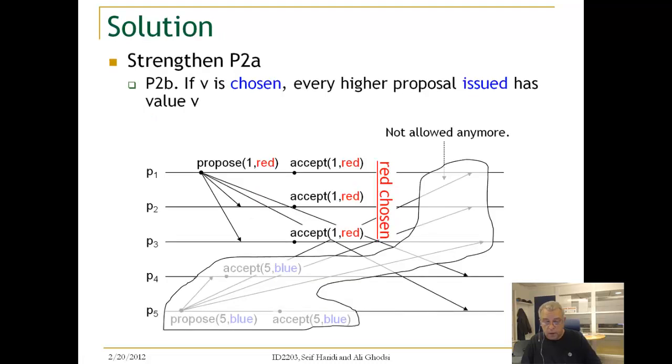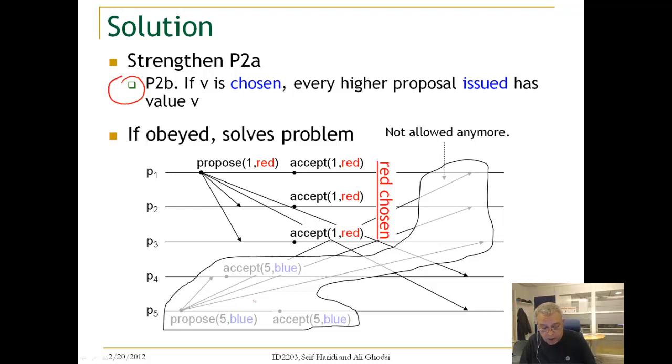We want to avoid a situation where, if we can satisfy this property, it will not be possible to accept the blue value, even if it has a higher proposal. So now we are in a situation where the following is true.